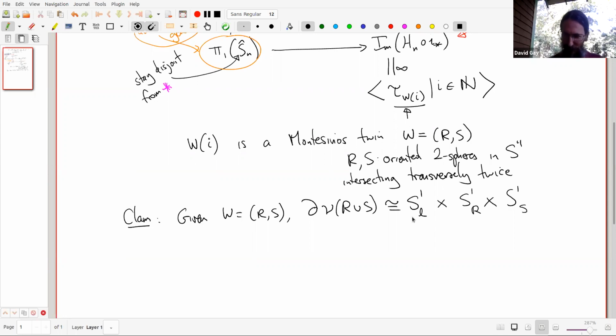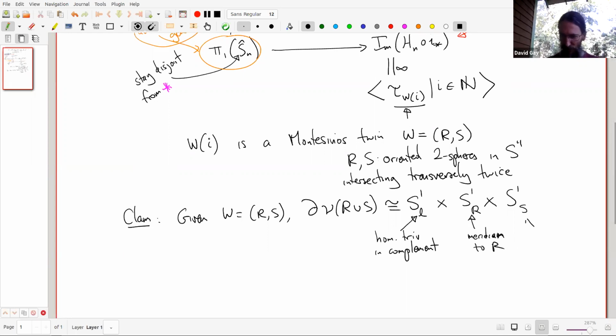But first of all, this factor is characterized by the fact that this S^1 cross point is homologically trivial in the complement. So L stands for longitude. This stands for the fact that this is a meridian to R. In other words, it bounds a disk that transversely intersects R once.